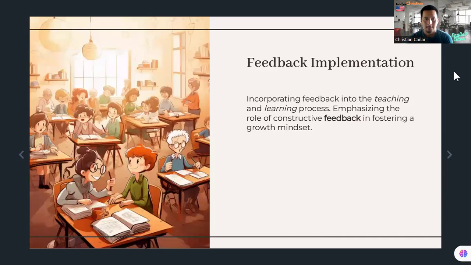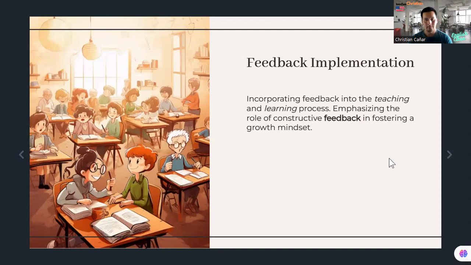Okay, feedback implementation is about incorporating this feedback into the teaching and learning process. This is important because of the role of constructive feedback in fostering a growth mindset. So that's also about the methodology, in which we are building something.